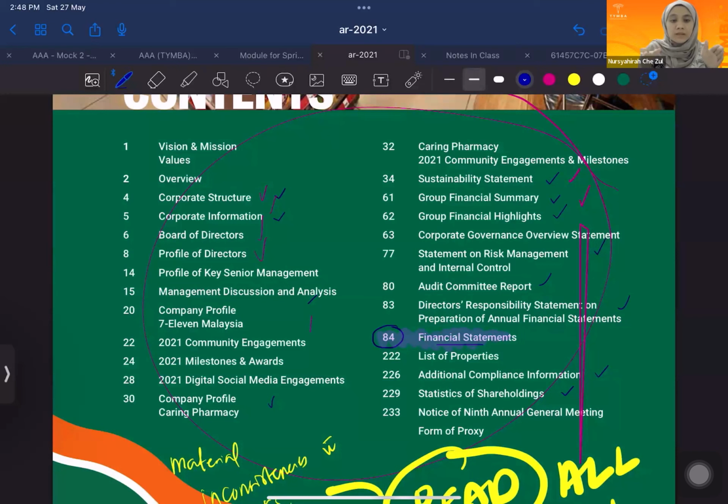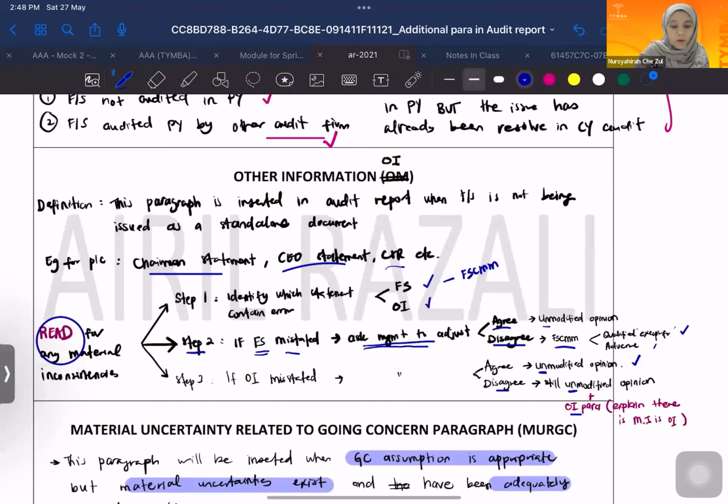However, if there are material inconsistencies, we are going to explain further in our report, saying that there is a material inconsistency in, let's say, the group financial summary on page blah blah blah relating to blah blah blah. Okay, that is the function of OI.